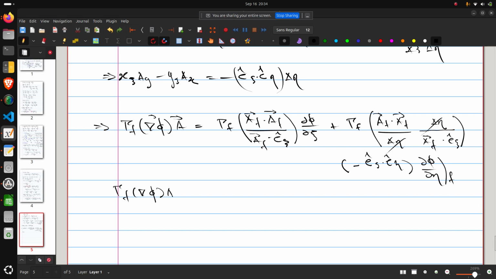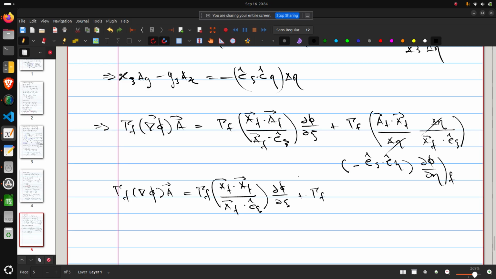gradient of phi times A vector is AF dot AF by... so minus term will come from this side, right?